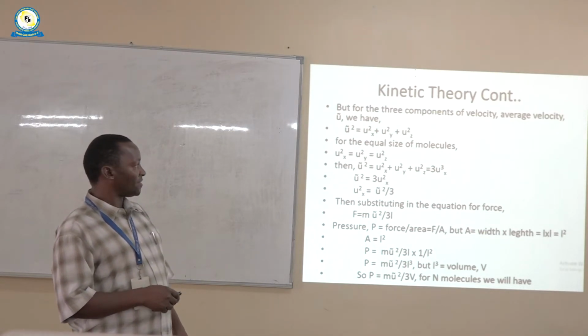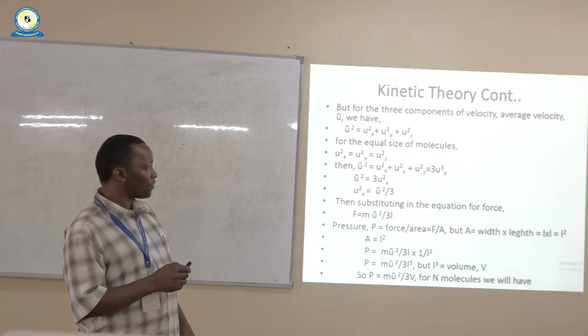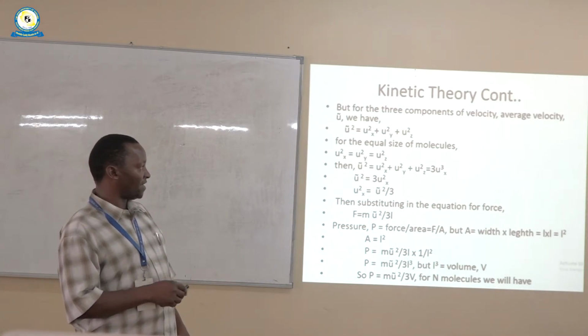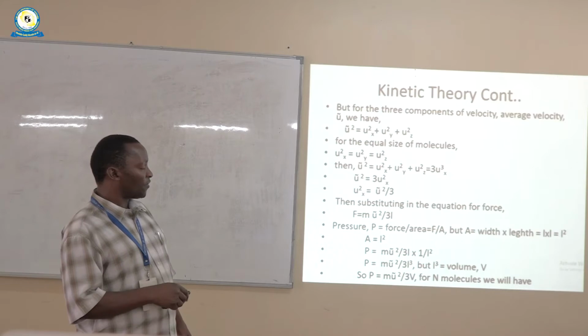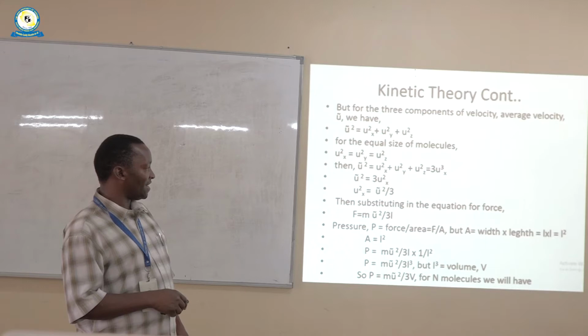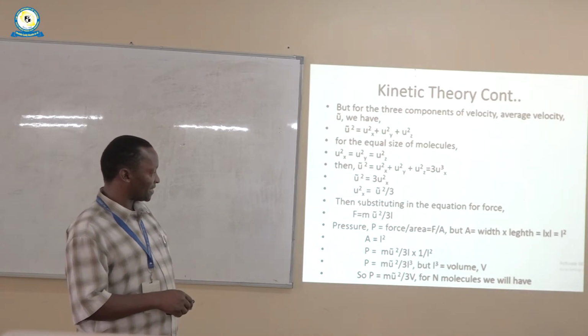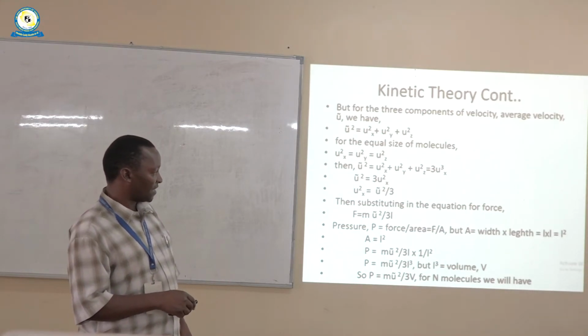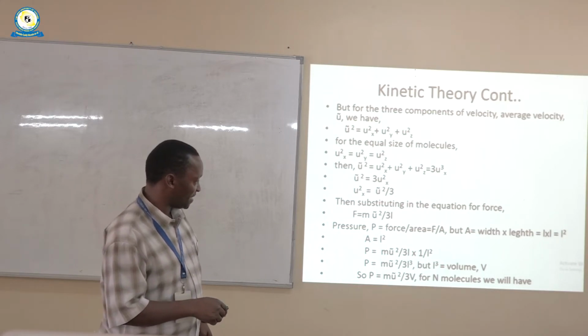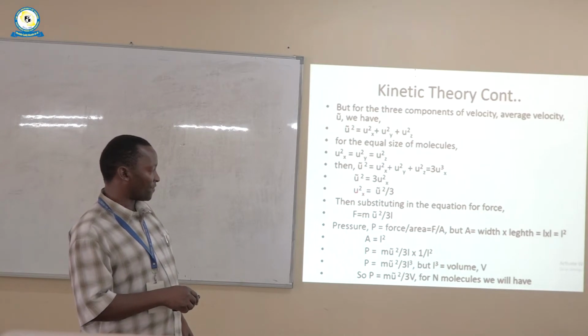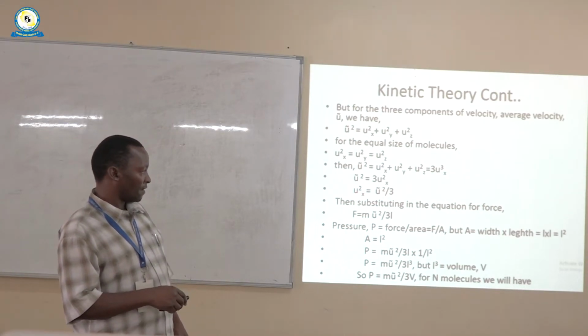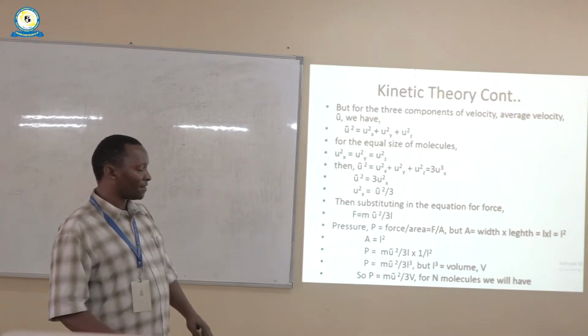But we have to find out the average velocity in all axes, along the y-axis, along the z-axis, and then in computing, we see that we will have the average velocity in all components, given in that way, as the average velocity along x will be equal to the velocity divided by 3.